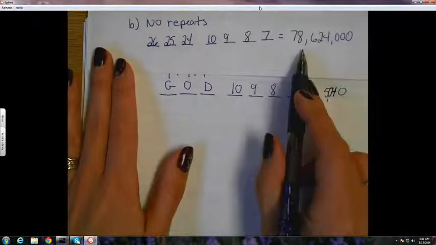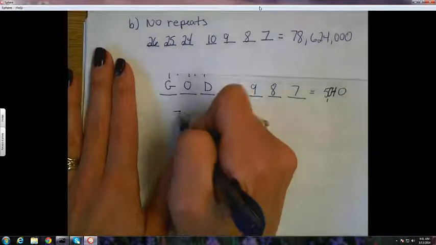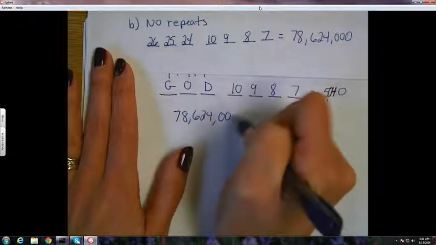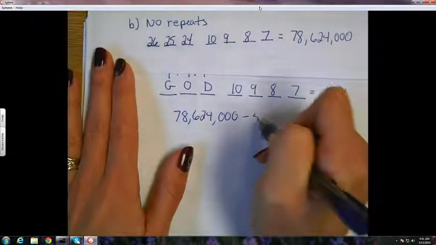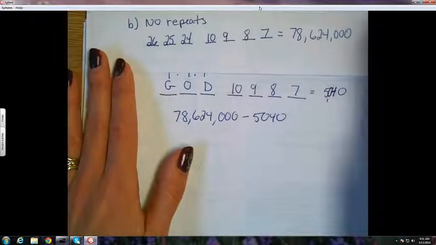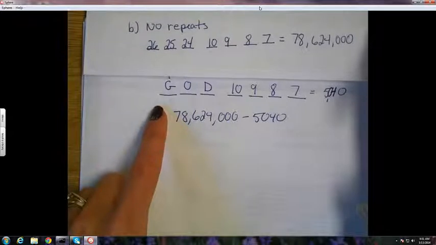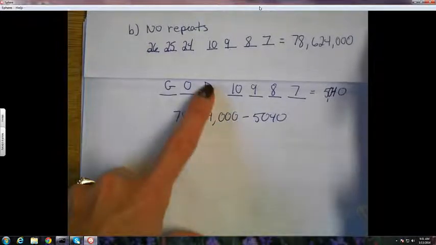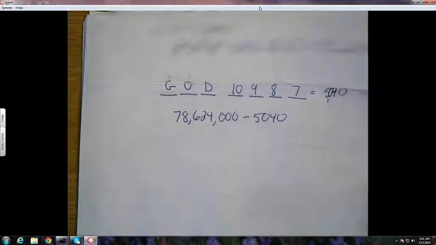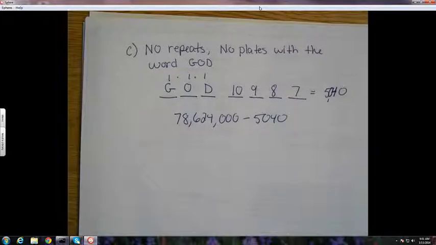Yes, find the total number of license plates and subtract off those. A lot of times on a test, people will subtract 1, because they think there's one time God comes up, but it's all these different numbers over here that you can have too. So all of those license plates have the word God on them. Okay, good job.